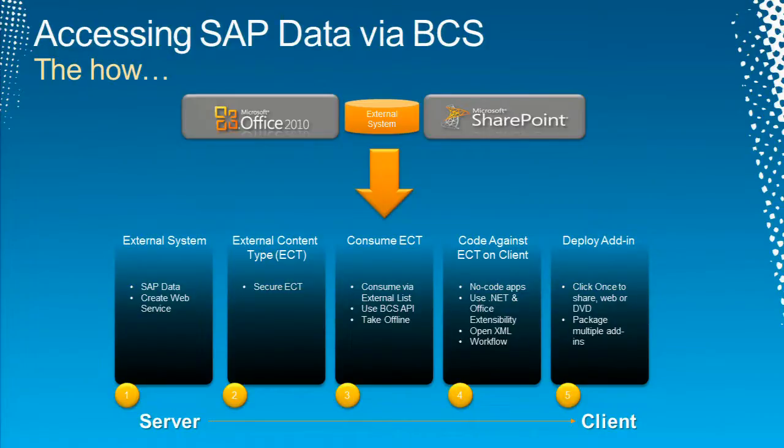That is the securing of the ECT that you have to determine. Now, primarily through SAP, you want the SAP user name to be passed across somehow. Well, out of the box, that's not provided in SharePoint 2010. So you're going to have to determine how you are going to secure that external content type.